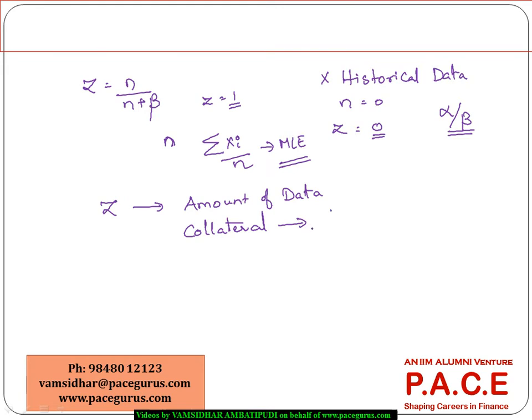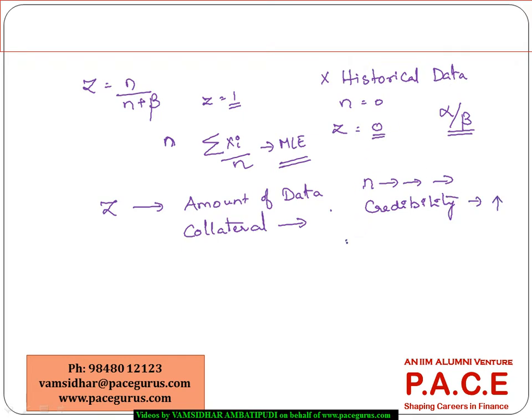But that value of that parameter is helping me understand what kind of credibility I have to give, which means as n is increasing and increasing, we see that the credibility factor that we are giving to our own data is actually increasing drastically.